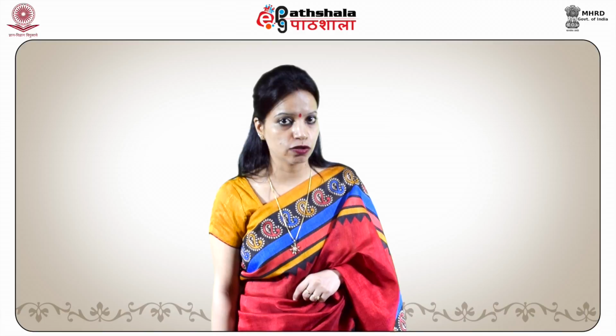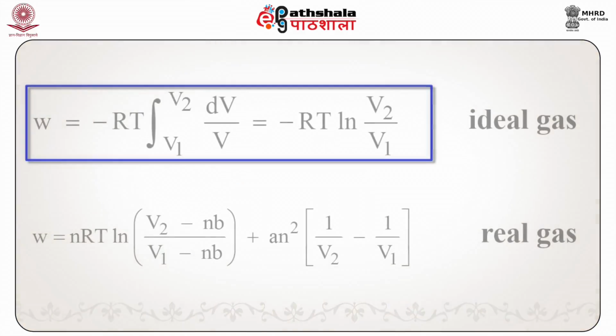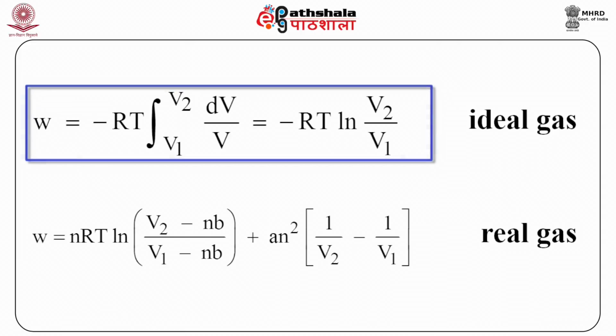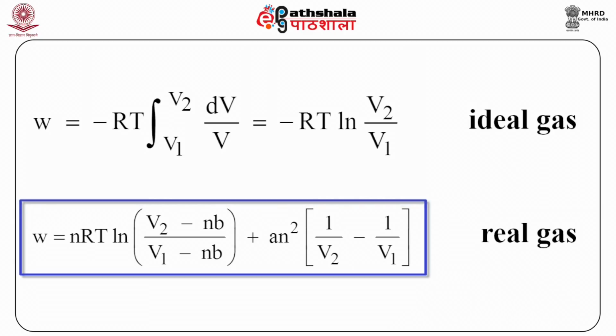Comparing the change in thermodynamic quantities in the case of ideal gas and real gas, we get work done as minus RT integral from V1 to V2 dV by V is equal to minus RT ln V2 by V1 for ideal gas, and for real gas it is nRT ln (V2 minus nb) upon (V1 minus nb) plus an square into (1 by V2 minus 1 by V1).